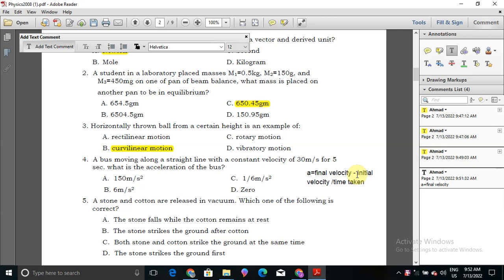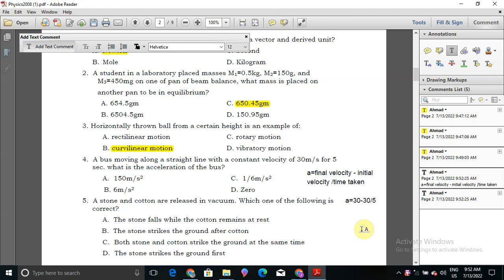It's the same: acceleration is equal to velocity over time. But here we have two velocities, final velocity and initial velocity, with time taken. Final velocity and initial velocity are 30 meters per second. So down here, if you can see, acceleration is equal to 30, which is final velocity, minus 30, which is initial velocity, over 5.